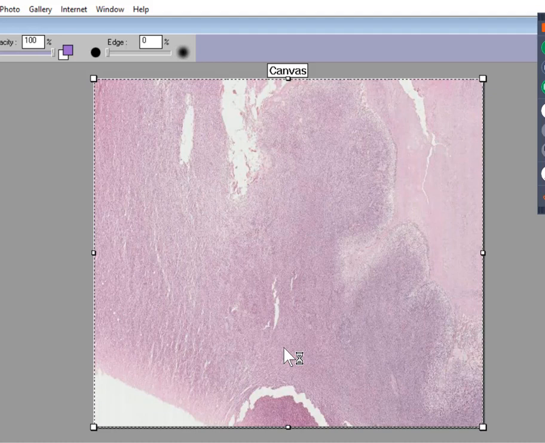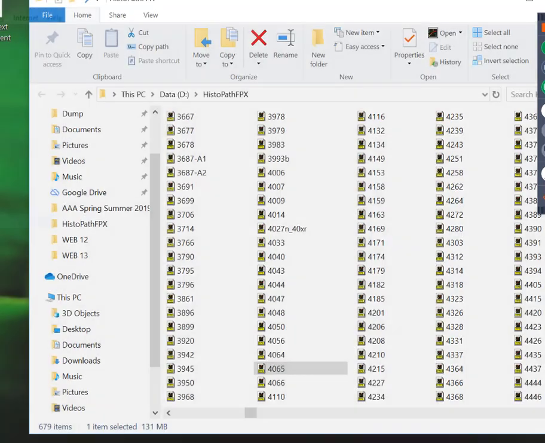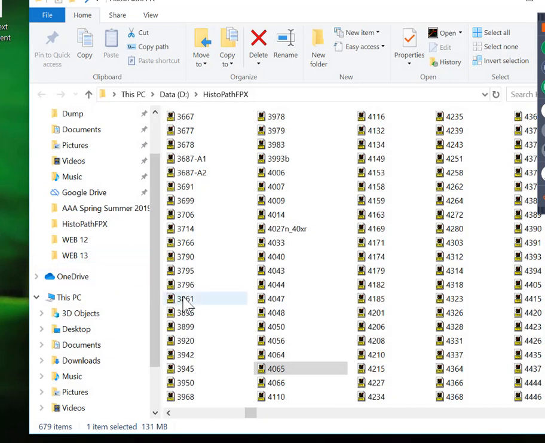I'm going to show you a glioma now that is not looking so horrible, which means the cells may actually look like normal glial cells. And that's going to be case number 4064. So 4064 looks like it's over here.